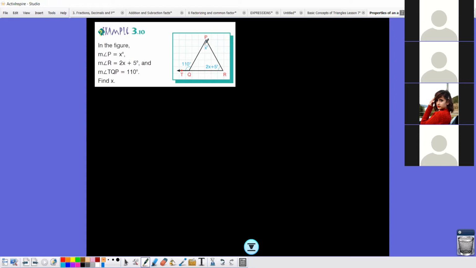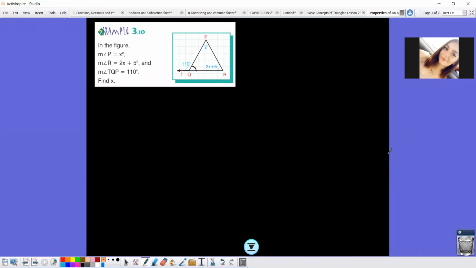Okay. So here we have 2 interior angles and 1 exterior angle, and we are looking for x. If this one is 110, what will be the inner part of it? 70. Why? Because this one is 110, their sum has to be 180. As we know, the sum of the interior angles of a triangle is 180 degrees.